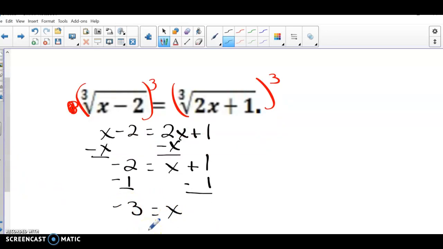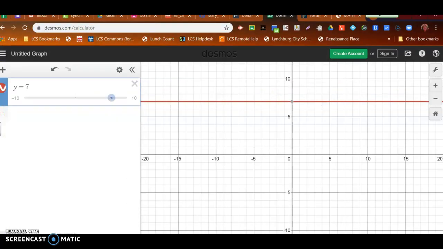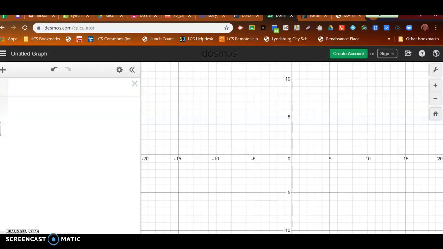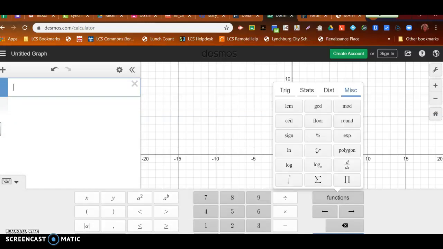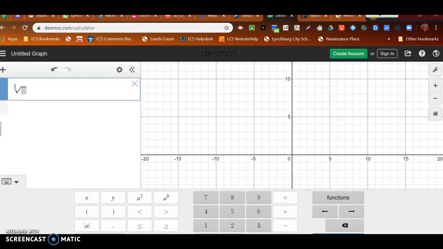If I'm going to check this one again, I'm going to put the left side as one equation, the right side as another equation, and see where they intersect each other. Remember, when you're looking for cube root of something, you have to go to functions, over to miscellaneous, and you're going to choose that one so that you can put your index there.